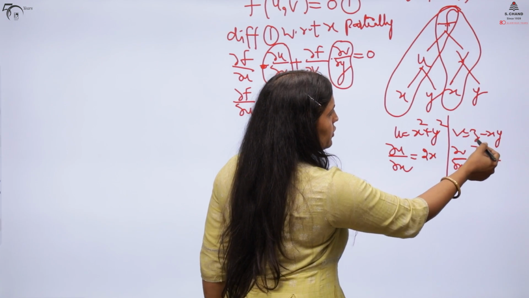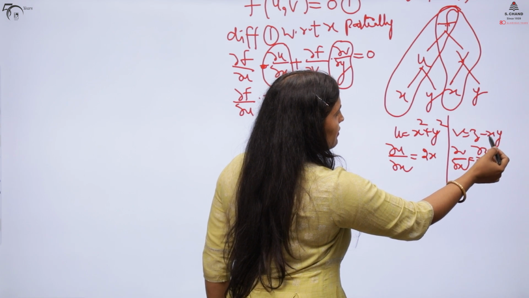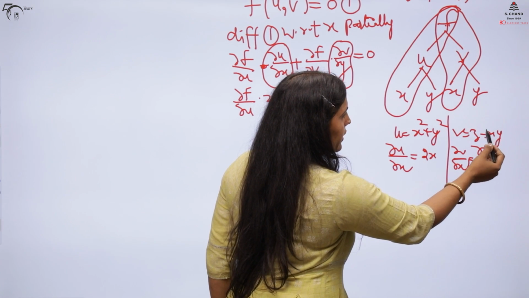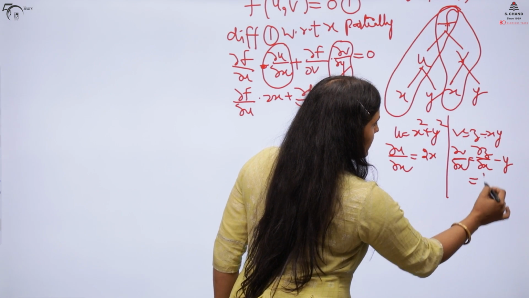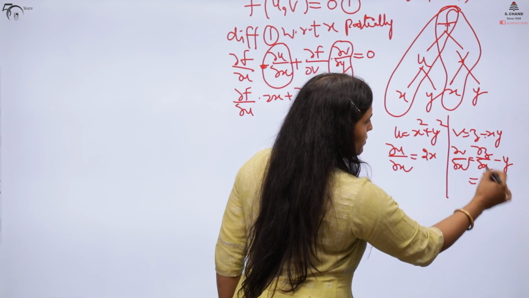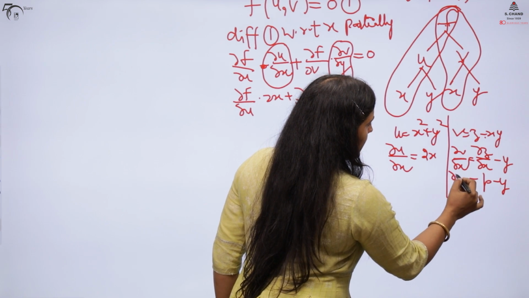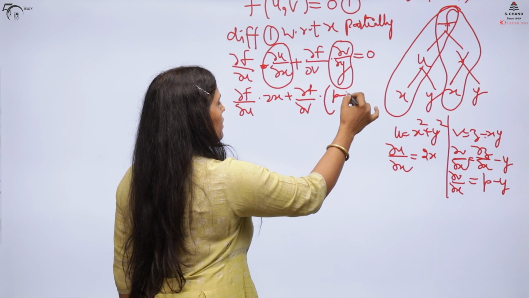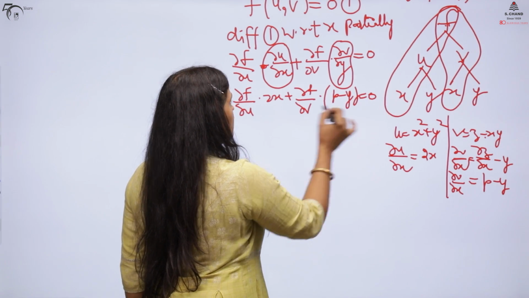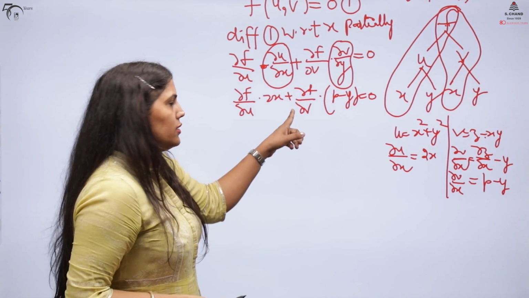It is a function of two variables. Now this is a product, y is constant. So simply y, and this value I have given the notation p. So my del v by del x will be p minus y.